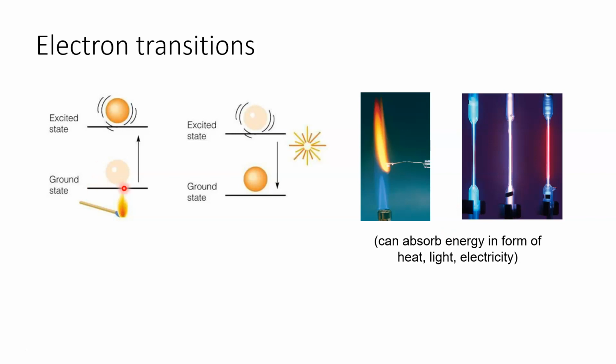What's happening is the electrons are jumping from the ground state to the excited state, and then when they fall back down, they emit light. The distance that they fall, this wavelength, corresponds to the color that we see. If the wavelength of light emitted by this transition falls within the visible spectrum, we will see a color like we do here or here.